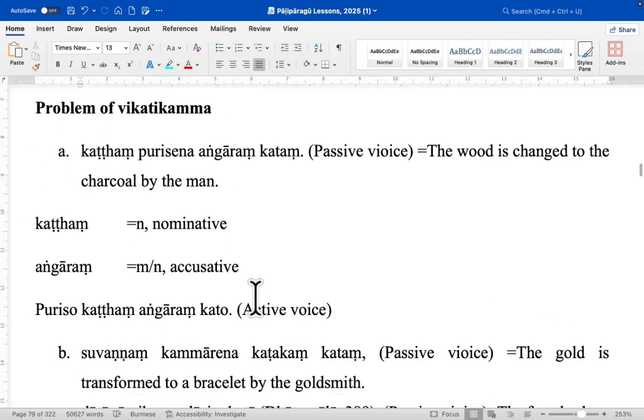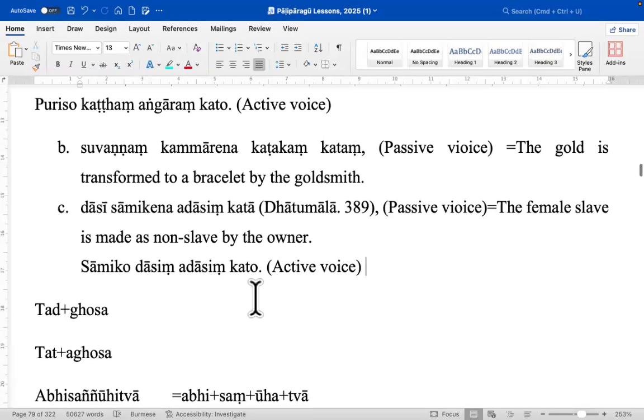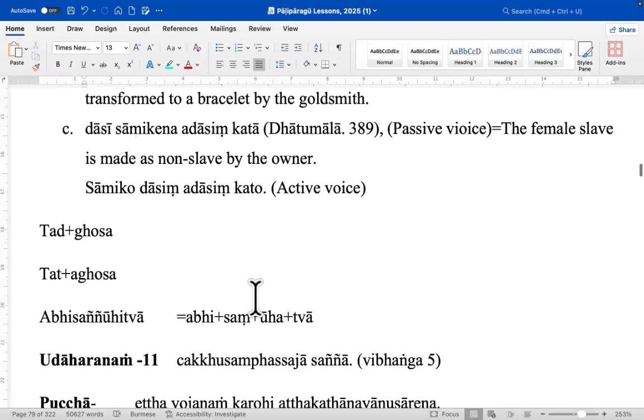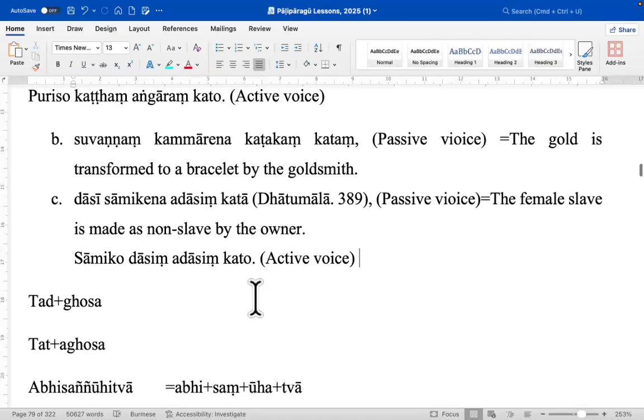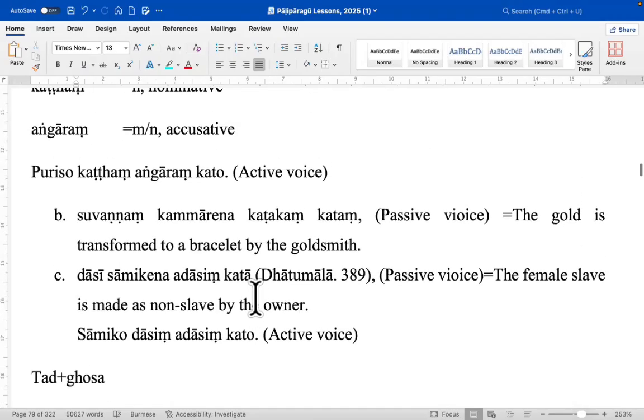Yes, it is understandable, but it's not quite my question. My question is about the noun phrase. Instead of kattā, it's karaṇaṃ. What are we going to do with karaṇaṃ? Here you change from active to passive, but my question is not about changing from active to passive.